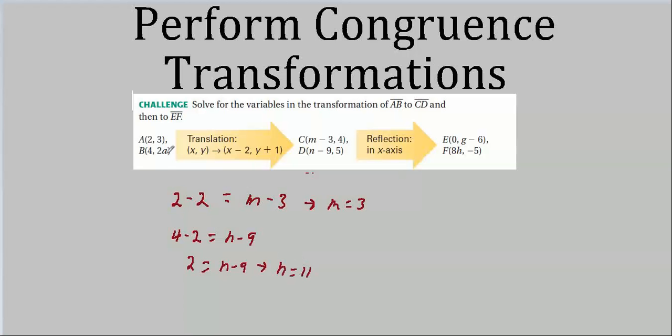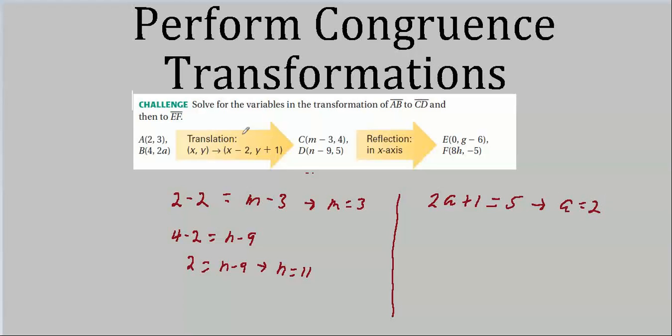What about over here? Now we've got a variable in the y position. Now let's try the y's over here. So we get 2a, apply our transformation, which is to add 1 to it, and that put us at 5. Subtract 1 from each side, we get 2a equals 4, or a equals 2.